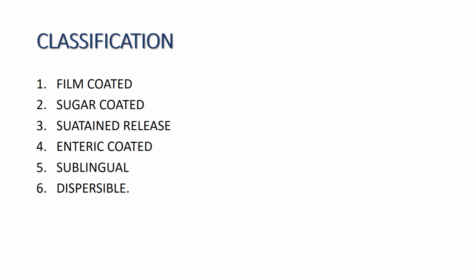And sublingual tablet, as the name suggests, is kept under the tongue. And finally, dispersible tablet, which is in tablet shape, but when you put it in water, it disperses into powdered form. So the classification of oral tablets includes film coated, sugar coated, sustained release, enteric coated, sublingual, and dispersible tablets.